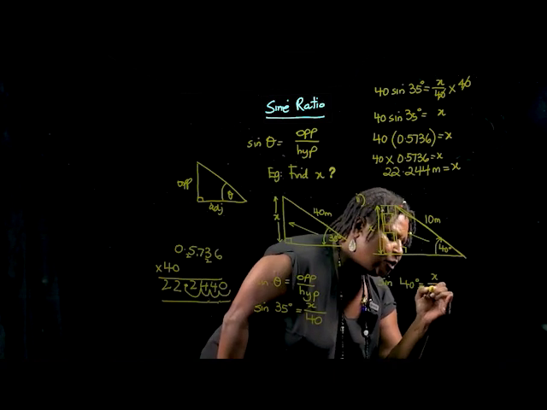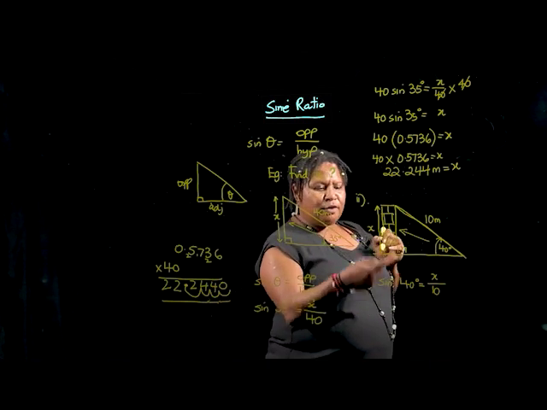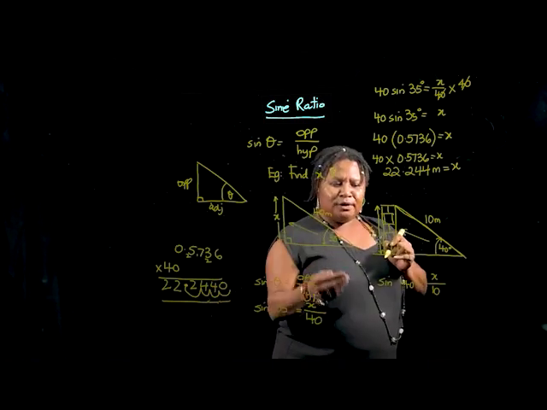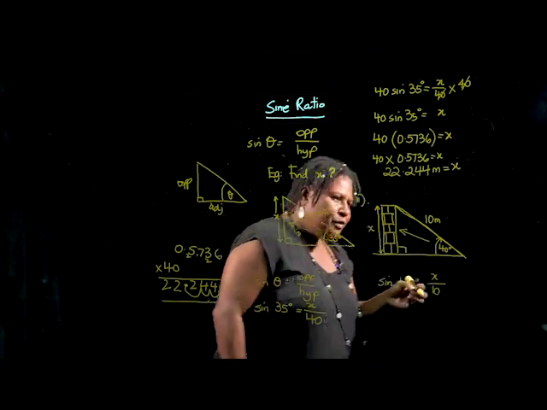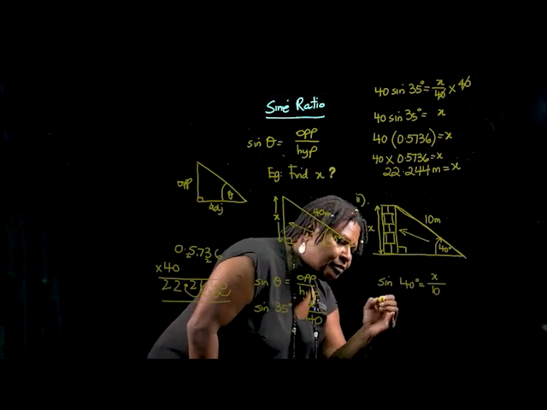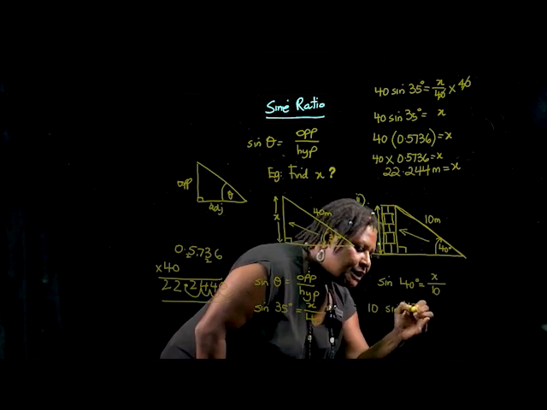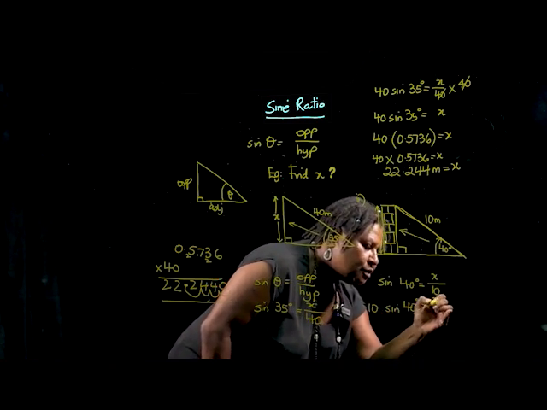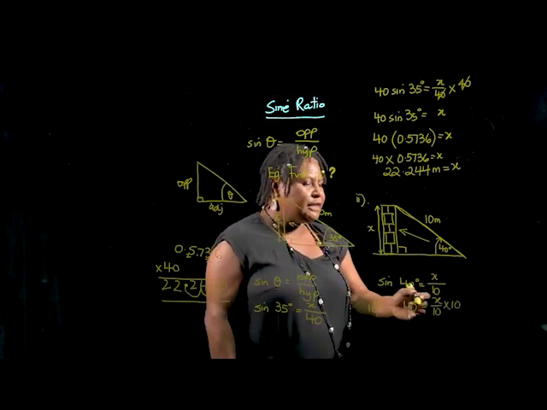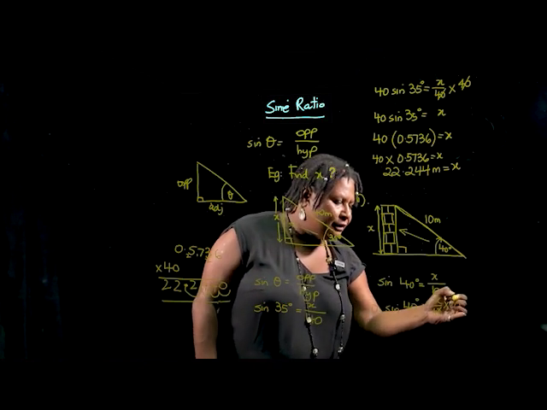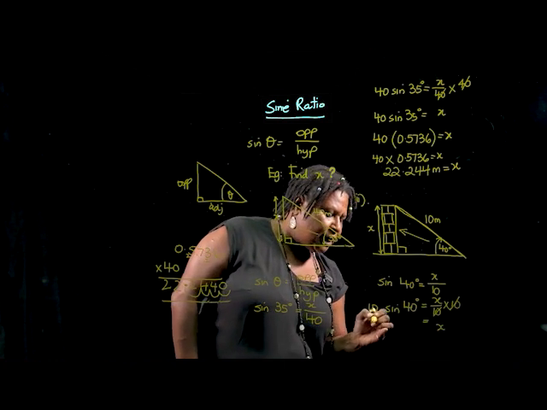So that's going to be over 10. Once you have all your values in the formula, you are simply going to work it out. Again, bring 10 across to this side here. So 10 sine 40 degrees is equal to x over 10 times 10. It cancels out on this side. You're left with x equal to 10 sine 40 degrees.